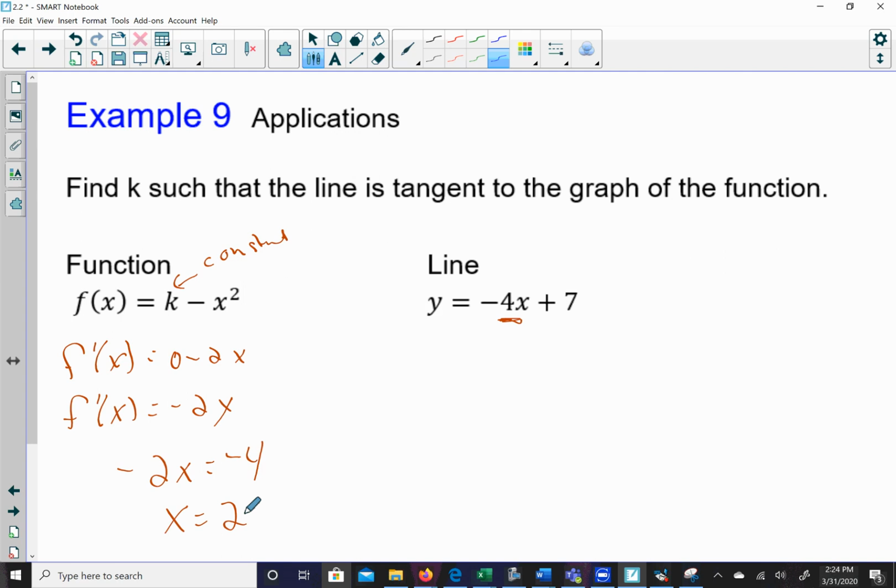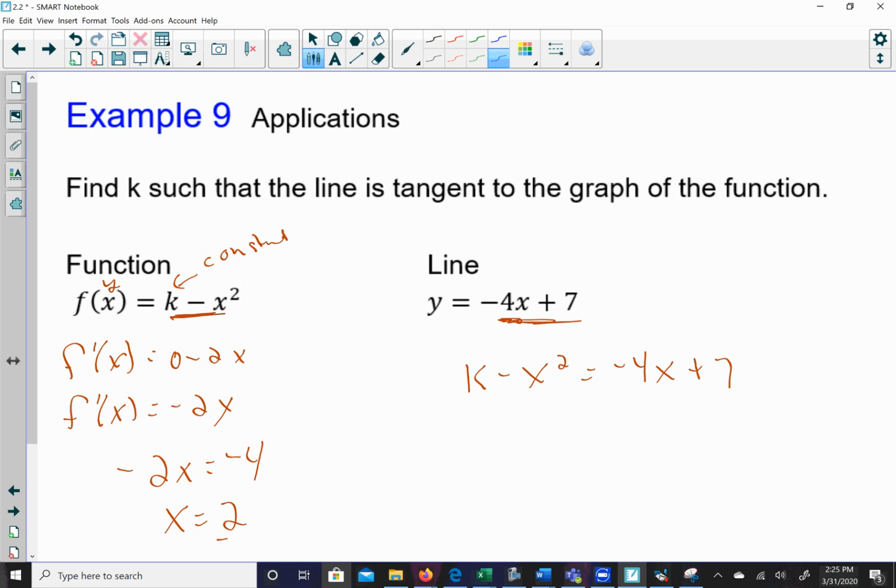Okay, so now I know that x is equal to 2. Now I'm going to have to find the point that has both of these in common. If they have a point in common, that means that this is equal to y, and this is equal to y, which means that if they're meeting at a point, they should be equal to each other. So I'm going to say k minus x squared should equal negative 4x plus 7.